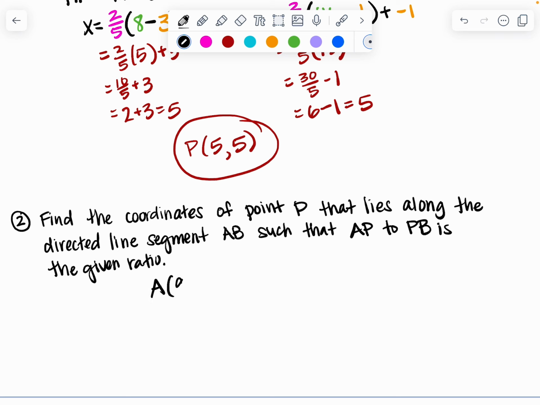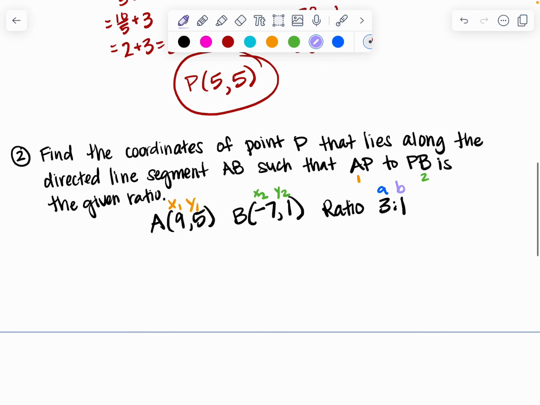So A is at 9, 5, B is at -7, 1, and the ratio is 3 to 1. So first let's label this AP to PB. So that's telling us that A is point 1 and B is point 2. So A will be labeled x1, y1. B will be labeled x2, y2. And then we have A to B.